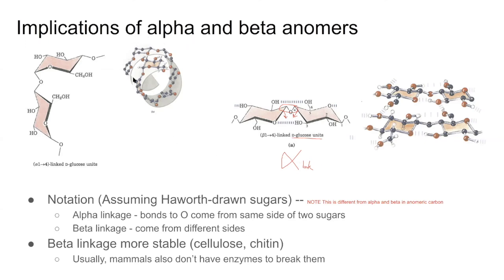The beta linkage, on the other hand, would look something like this. If I have this sugar right here and this sugar right here, oxygen in the middle, one glycosidic bond emerges coming from the top, one glycosidic bond emerges coming from the bottom. When this is the scenario, we call this the beta linkage. Whereas alpha linkage will look something like this.